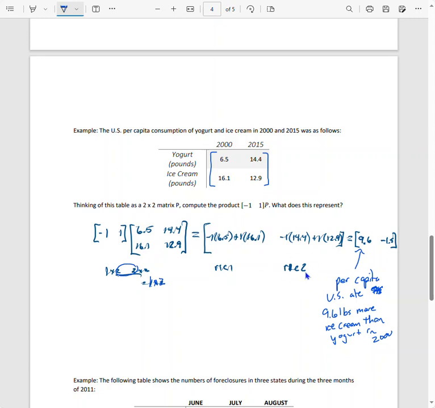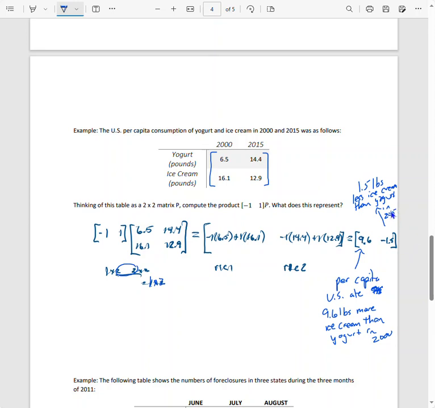Now we'll take row 1 times column 2. We'll put our answer in row 1, column 2. We'll take negative 1 times 14.4, positive 1 times 12.9. This is, again, pounds of ice cream minus the pounds of yogurt, and we actually ate 1.5 pounds less ice cream than yogurt in 2015.